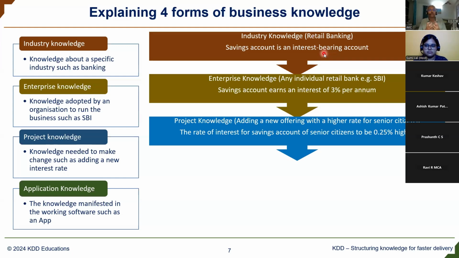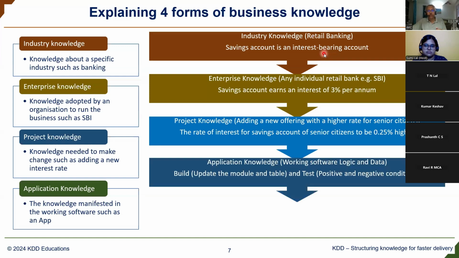They will pull out a portion of the enterprise knowledge and make some changes there. They will identify if the account is for a senior citizen, put in some age, and make changes in the logic, how the process is done. And that portion, identified for those changes, builds the project knowledge.